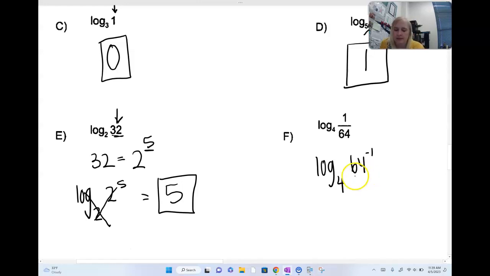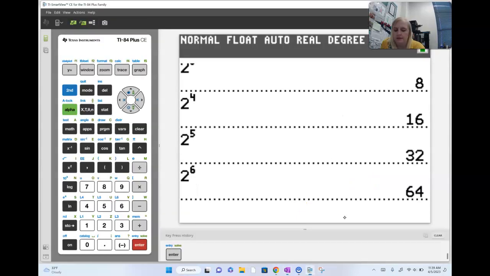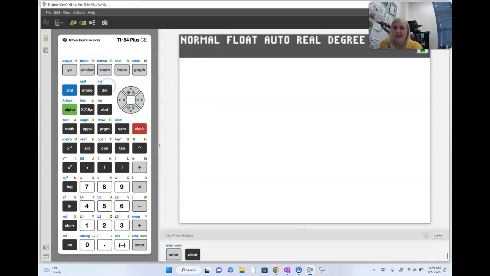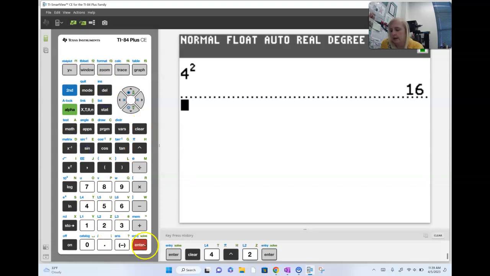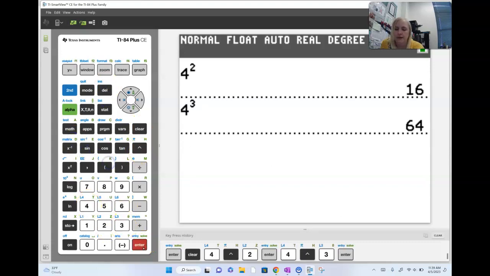All right, same thing like we did with 32. We want to see, can we turn 64 into a base of 4? So you check again, or if you already know the answer, because you might know your 4's as well. So 4 squared, not what we're looking for, but 4 to the 3rd is.